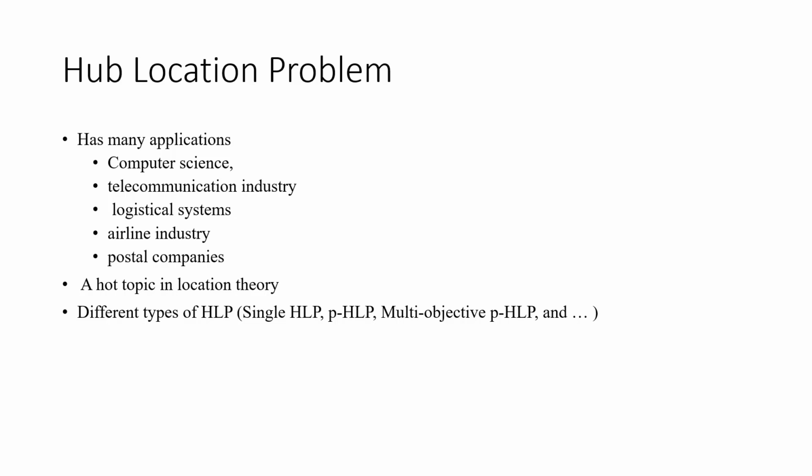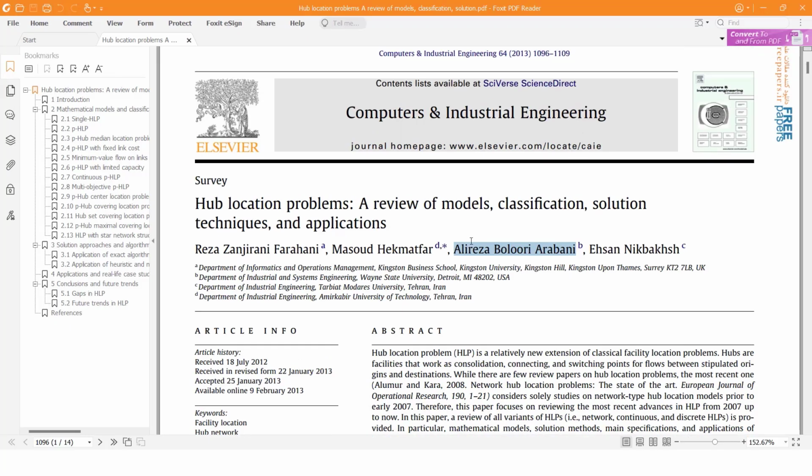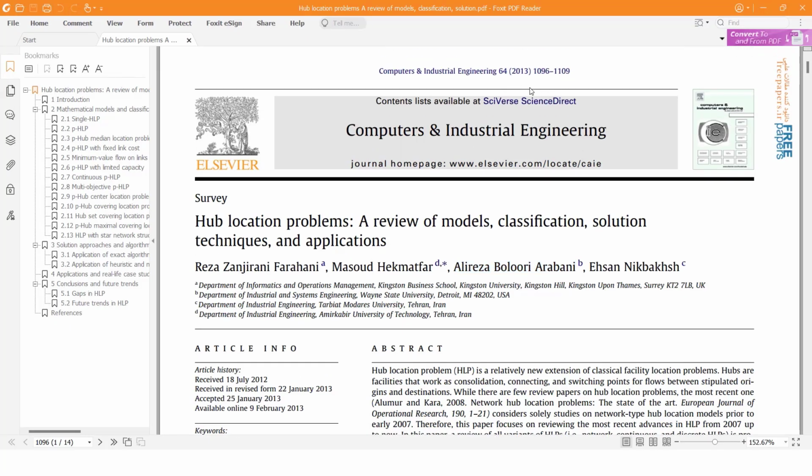So I think it would be a better idea to review this paper. This paper was published in 2013 in Computers and Industrial Engineering. It really gives you general information about the hub location problem and literature review papers.